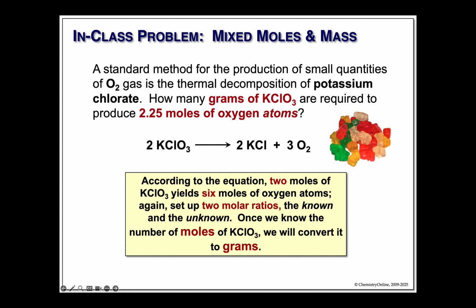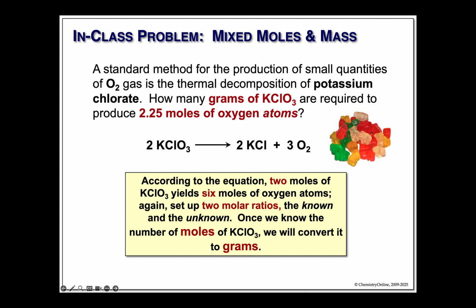2 moles of potassium chlorate, 6 moles of oxygen atoms. Now I've done this deliberately, made this in terms of oxygen atoms, just to point out if I want to know O's, not O2's, I use the term oxygen atoms. So, okay, we have 2 to 6.